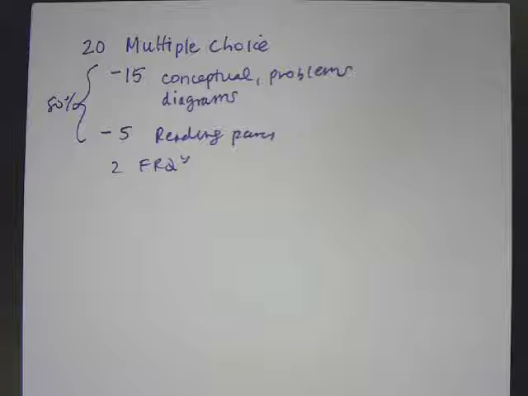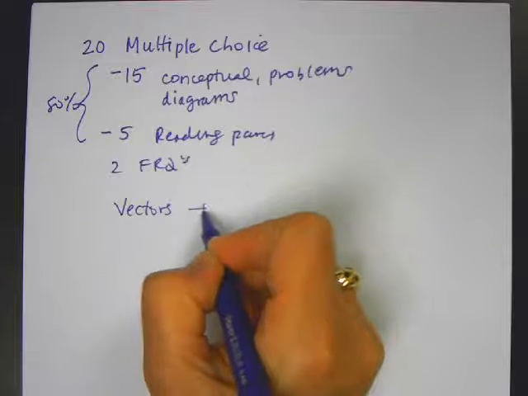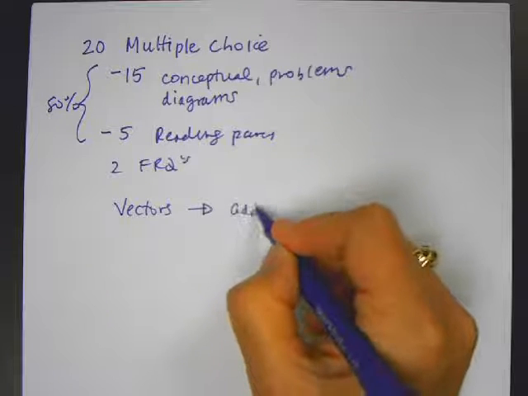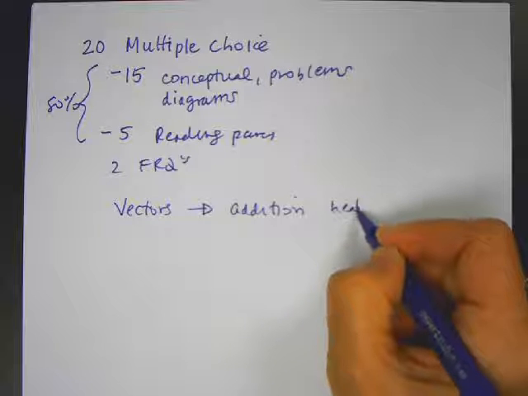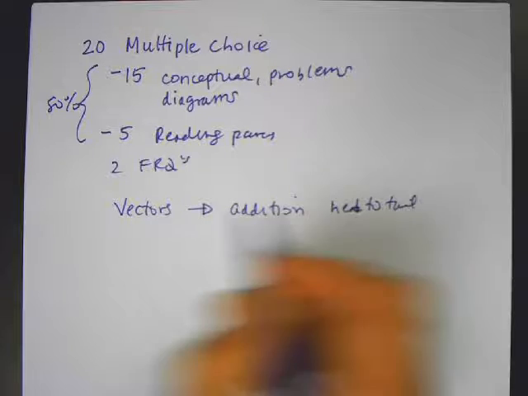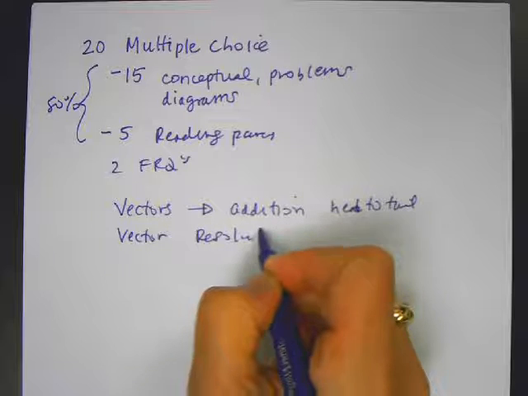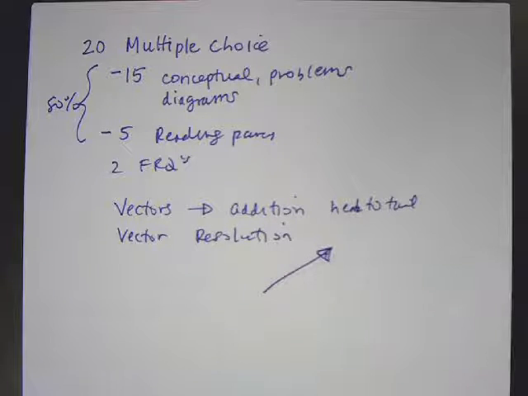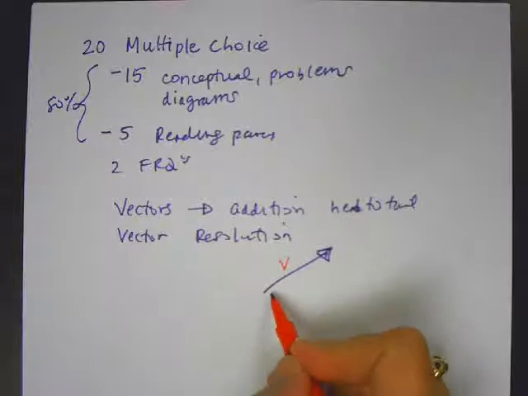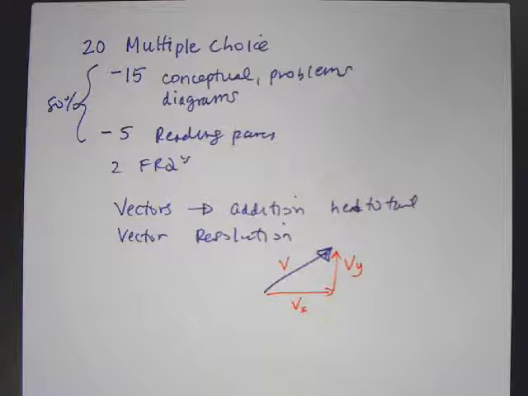Now for this test, what did we learn? Well, first we learned about vectors. And we learned about vector addition and that we have to add vectors head to tail. Then we learned something called vector resolution, where you can take any vector like this, and you can find its horizontal and vertical components which act perpendicular to one another.